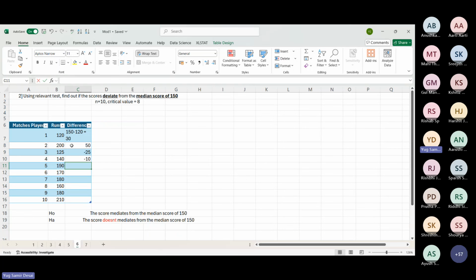We continue with this until the sample ends, because it's just me solving it right now with a sample size of less than 30. In the first one, it should be minus 30, right? Yes, doing 120 minus 150. My bad.